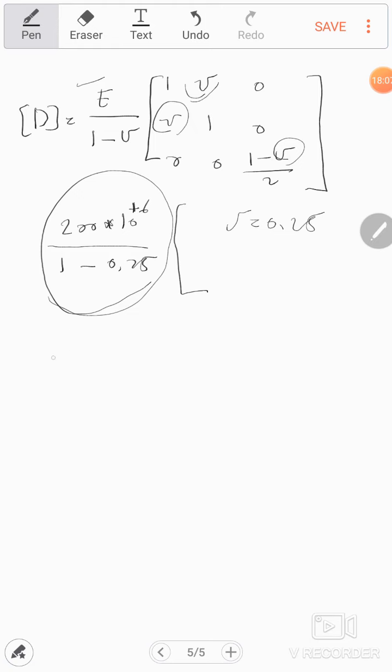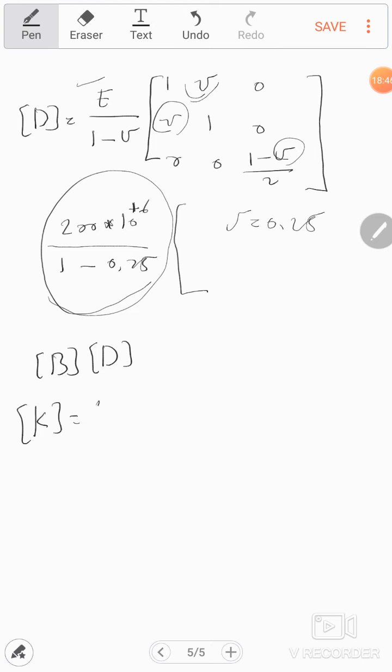After that, multiply the B matrix with the D matrix, and you will get a new matrix. Then take the transpose of the B matrix, because our example is asking how you can find the K matrix.